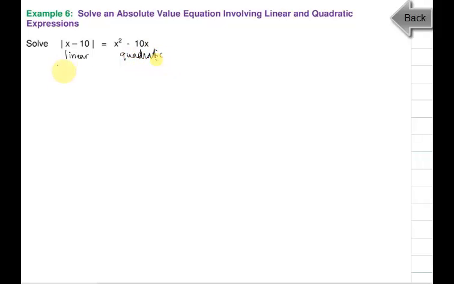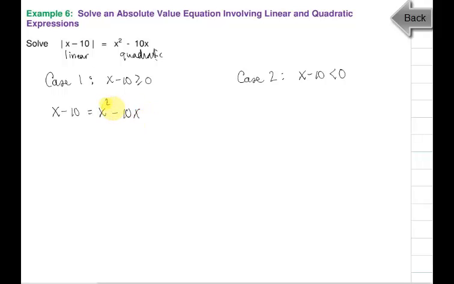We have two cases again. Case 1 is where our argument x minus 10 is greater than or equal to 0, and case 2 is where our argument x minus 10 is less than 0. So let's go to case 1. This is where x minus 10 is positive, so we go x minus 10 equals x squared minus 10x.